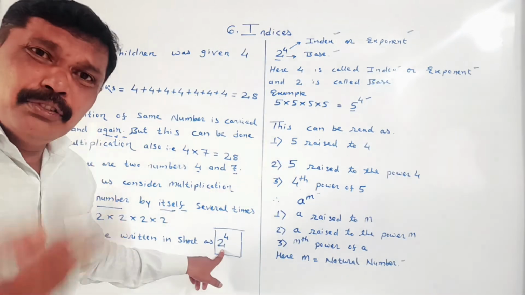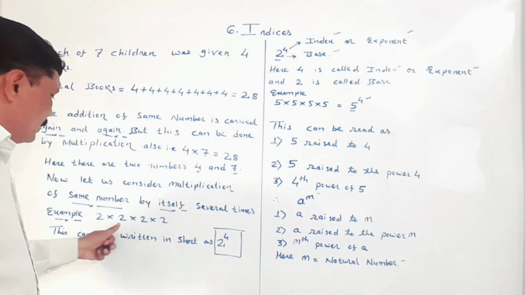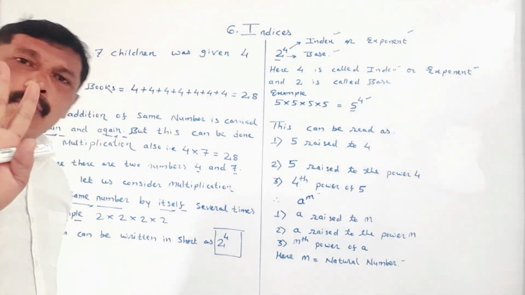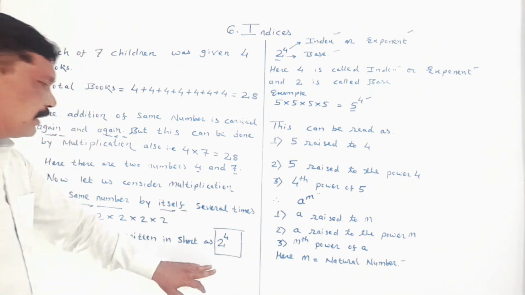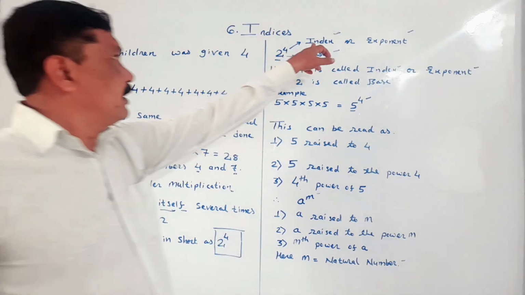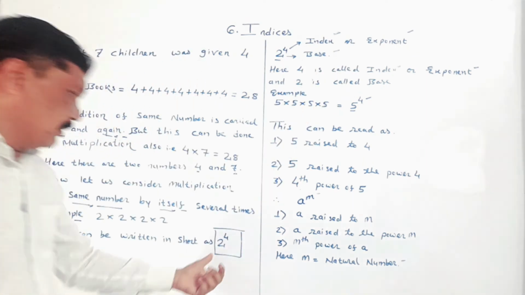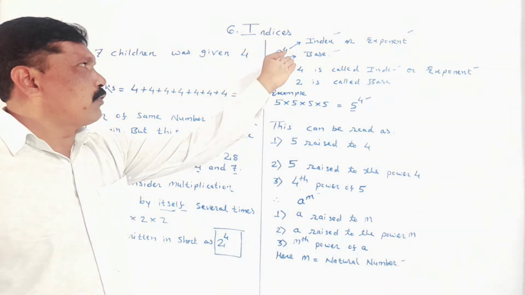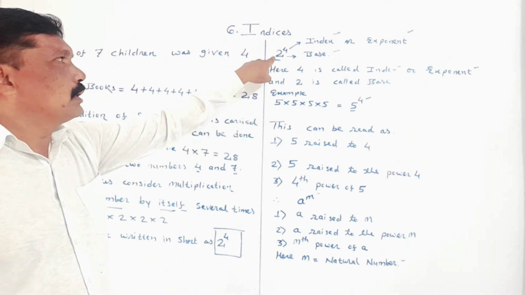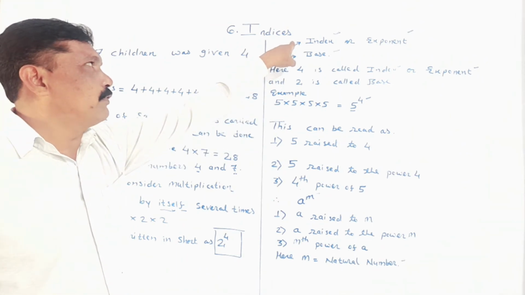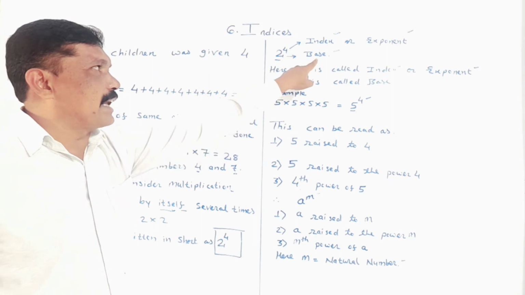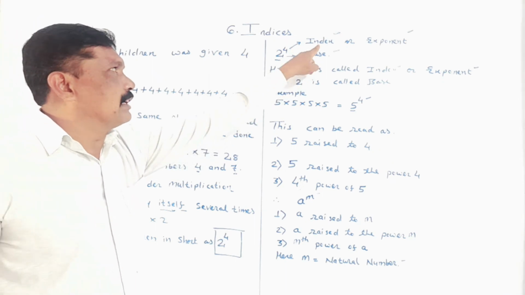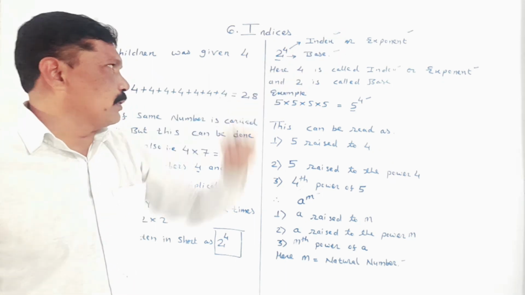And how many times have we multiplied 2? 1, 2, 3, 4. 4 times. So we write it as index or exponent. When we write the number in short form in this way, 2 and above 2 we write 4, then 2 is considered the base and 4 is considered the index or exponent.